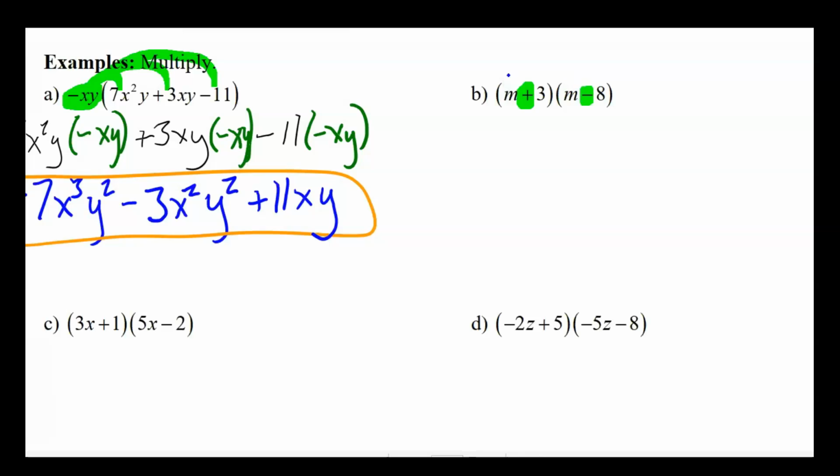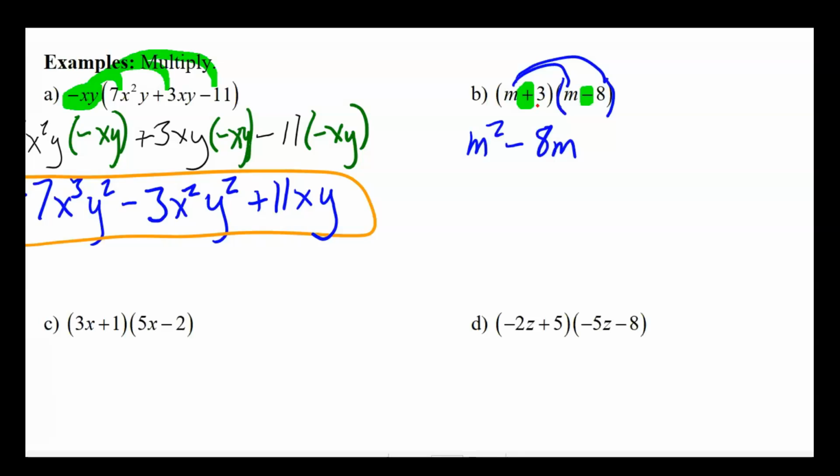So I essentially take the m and I multiply it through the second polynomial. So m times m, and make sure you're over here on the second one. Don't multiply into itself. So m times m is m squared, m times -8 minus 8m.